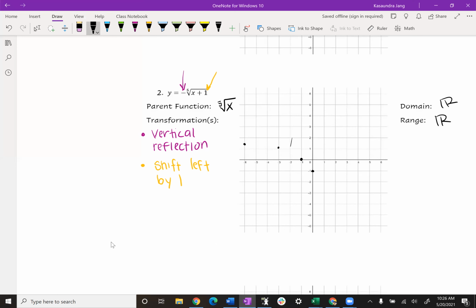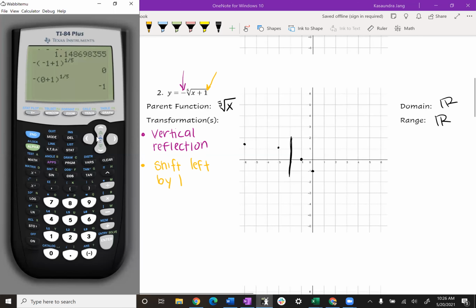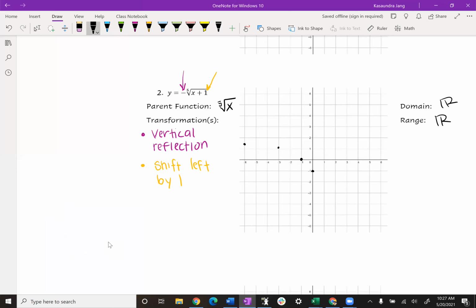That actually makes me think if I was here at -2, I bet that would have given me a nice pretty whole number. Yeah, at -2, I got a positive 1, so that actually does give me, there we go. So I'm kind of seeing the shape here.